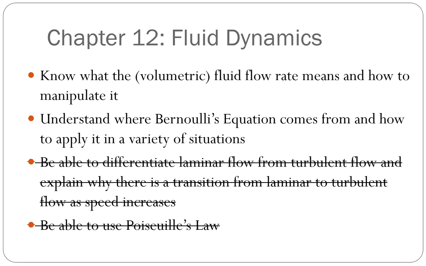You see more crossouts from chapter 12. We didn't talk about laminar and turbulent flow this year. I should mention turbulent flow: the water goes tumbling and it makes cavitations. It makes little vacuum bubbles. What does the word vacuum mean? Empty space, zero pressure.